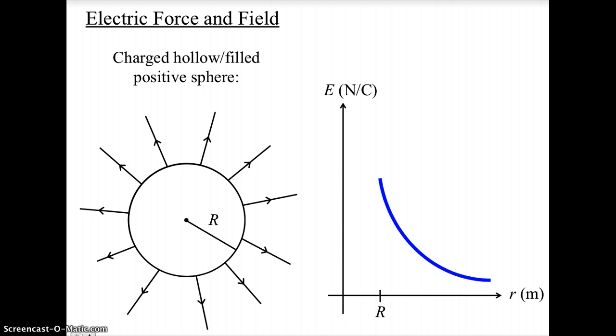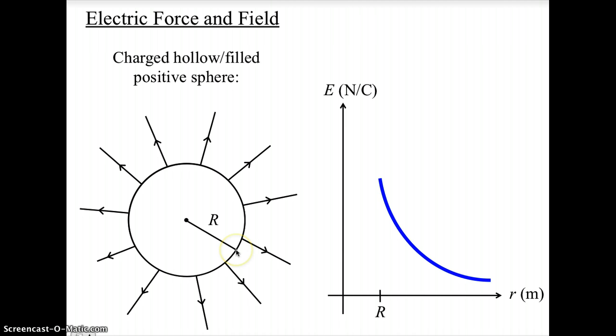You will get an inverse square curve like we've seen. As I move closer and closer, as little r decreases, as the distance from the center decreases, the field strength increases in the inverse square way that we would expect.